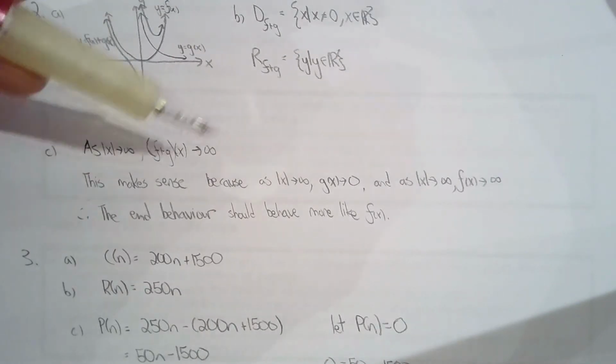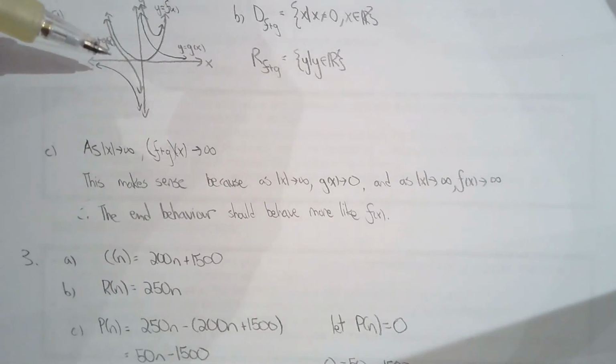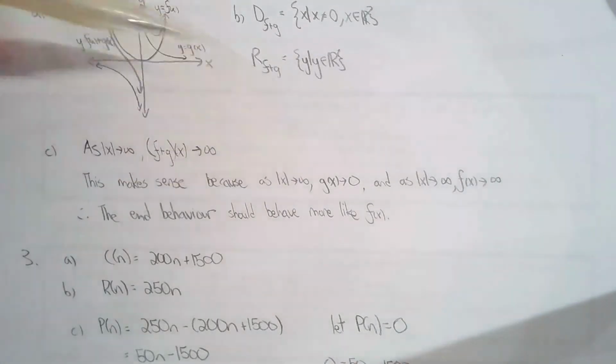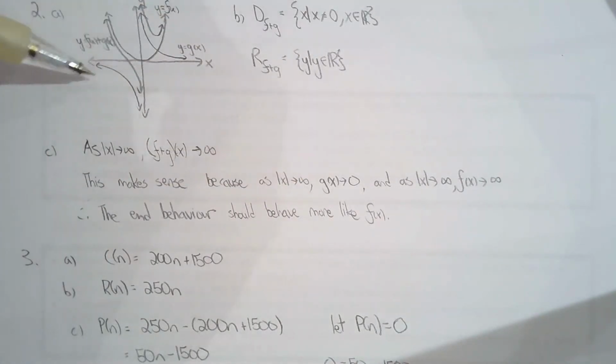That makes sense, because g of x is asymptotic, approaching 0, so its impact on the output values is minimal. So yeah, it behaves more like f of x.